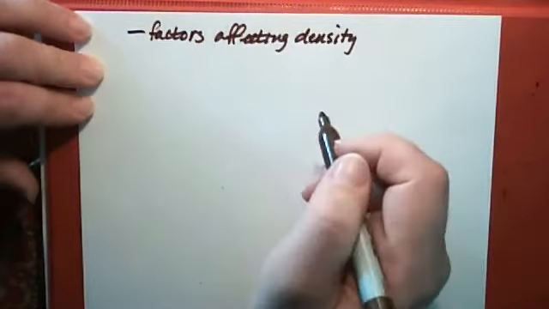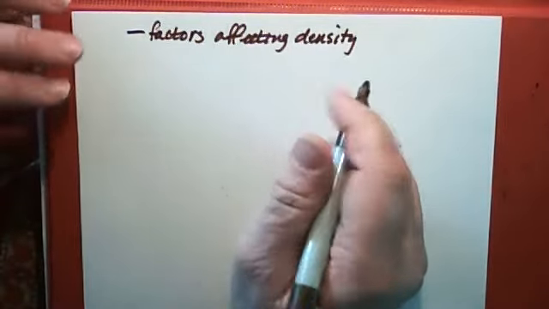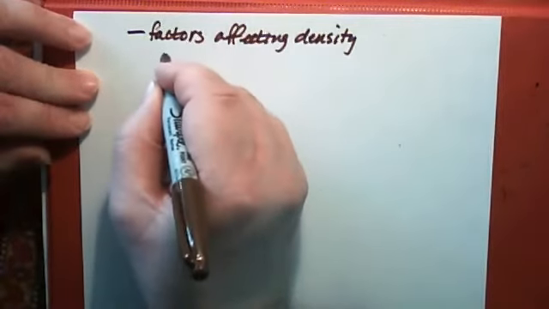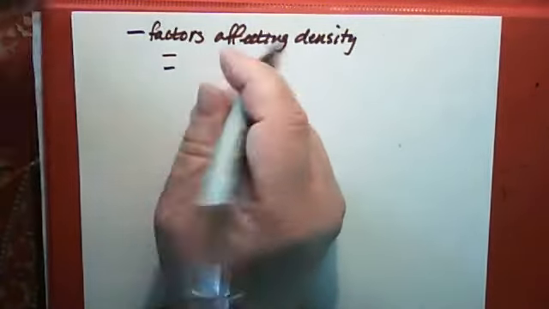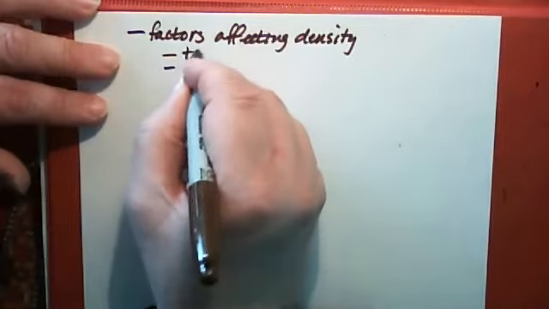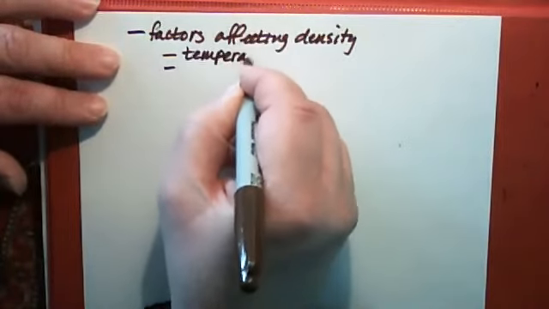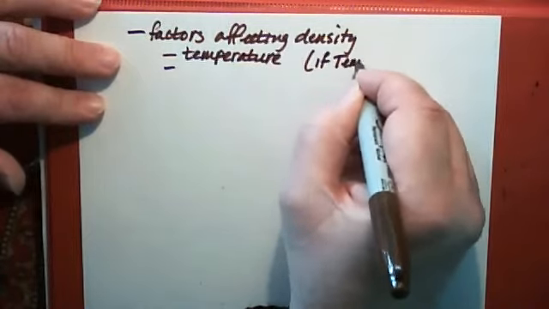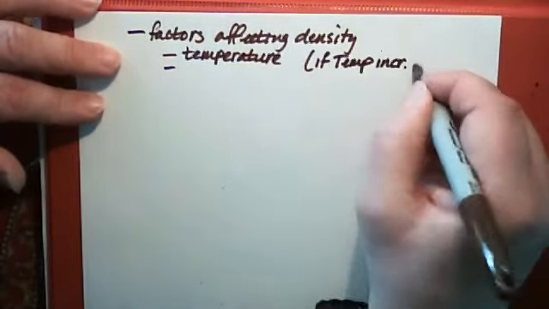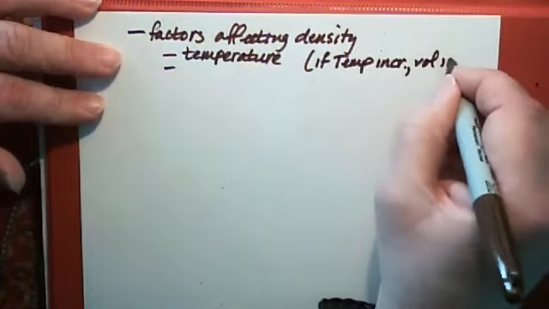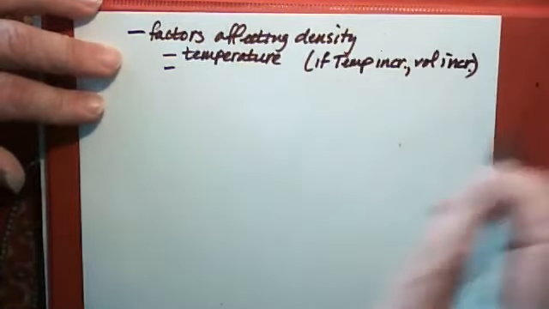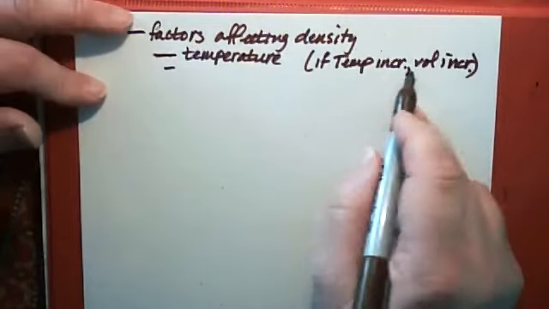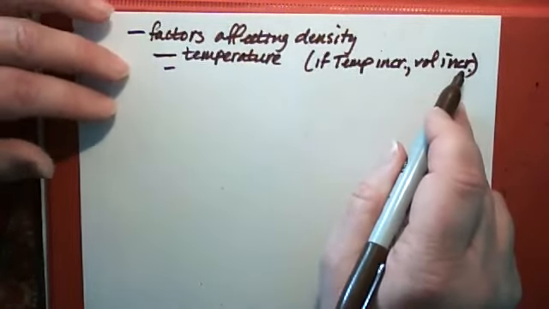There are some factors that affect density that you might have to be aware of, depending on what type of material you're measuring the density of and how extreme these conditions get. Temperature is one factor that affects density, and that's because as temperature increases, volume will increase.